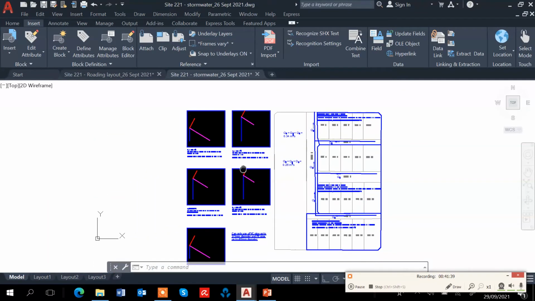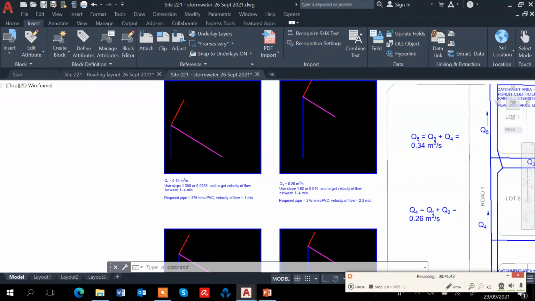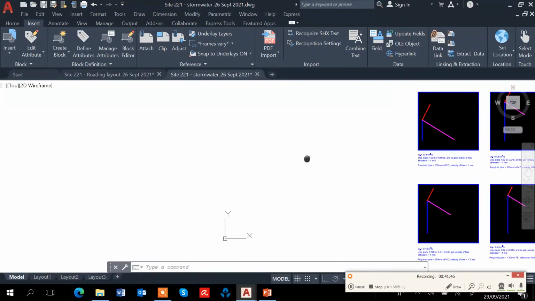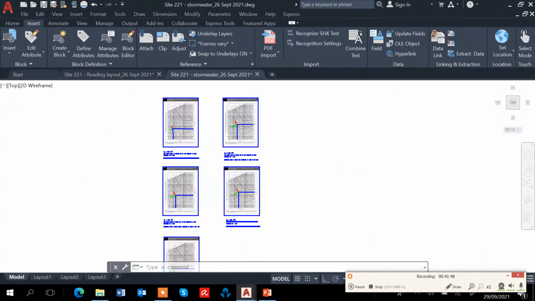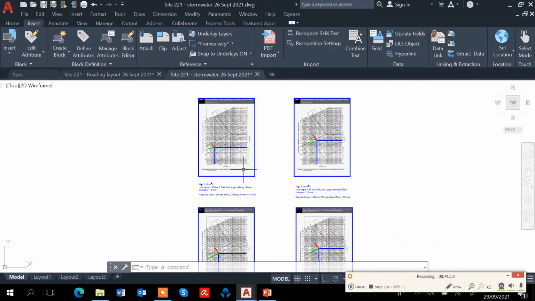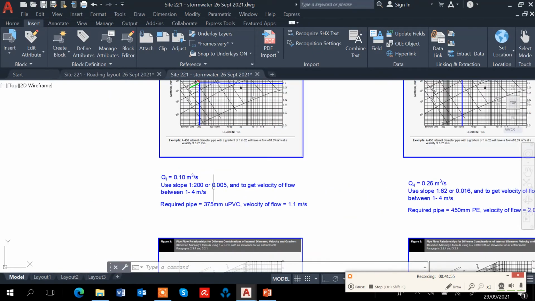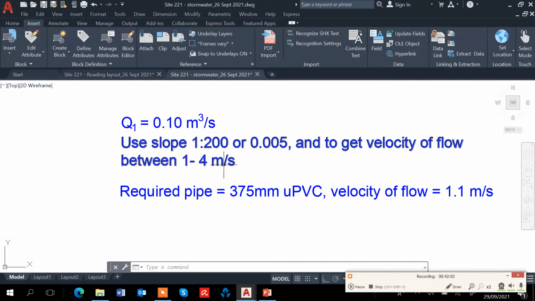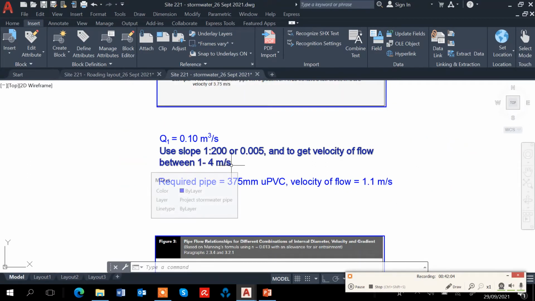So actually I've done something. First one I use the Colebrook-White formula, and then the other one I use the Manning formula. Let's look at the Manning formula. Q1 equals 0.1, I use slope 1 in 200, and I need the velocity for self-cleansing to be between 1 and 4.